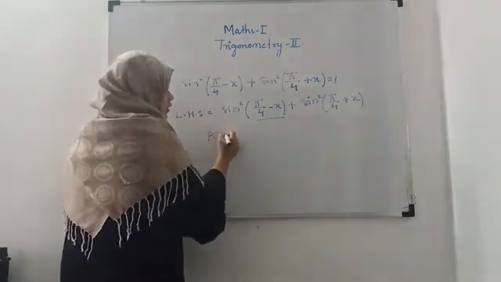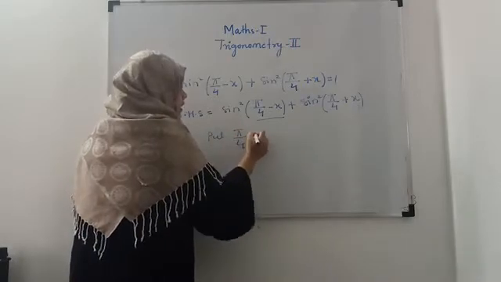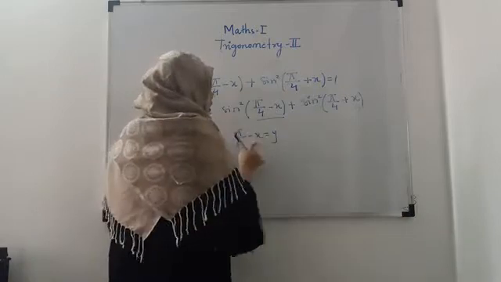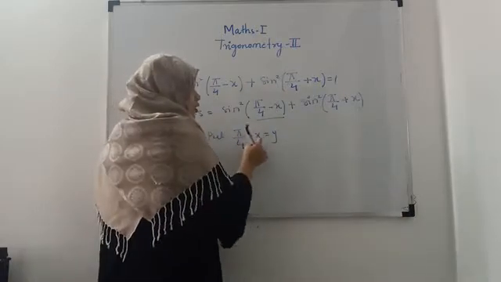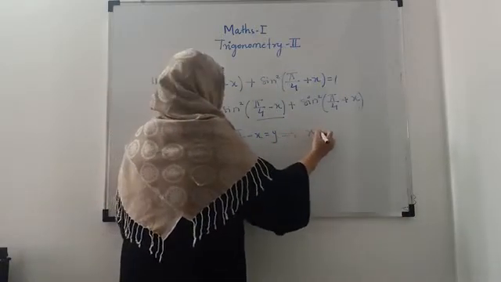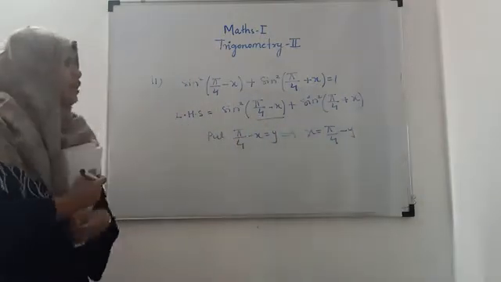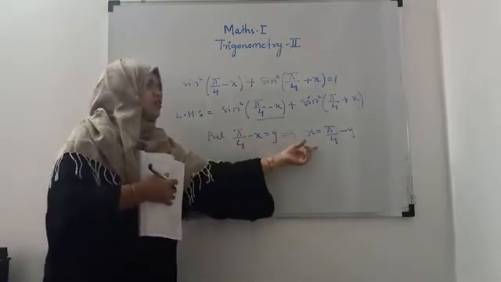So put pi upon 4 minus x equal to y. Now from here you can find the value of x. The x will be pi upon 4 minus y, if you interchange x and y.